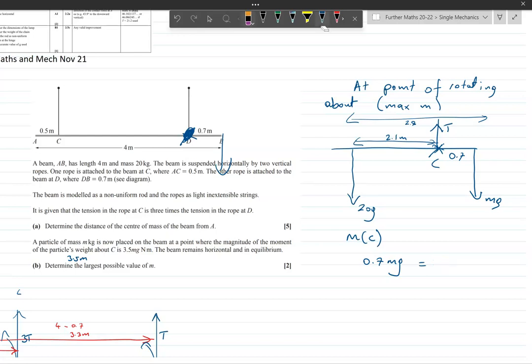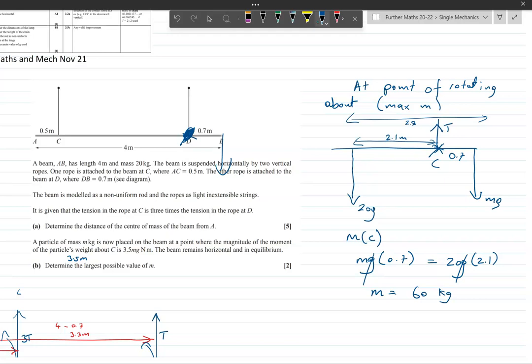Let's write it the right way around, I always do force times distance. That's mg times 0.7 equals 20g times 2.1. Again, g cancels, and 2.1 divided by 0.7 is 3, so the maximum value it can be is 60 kilograms.